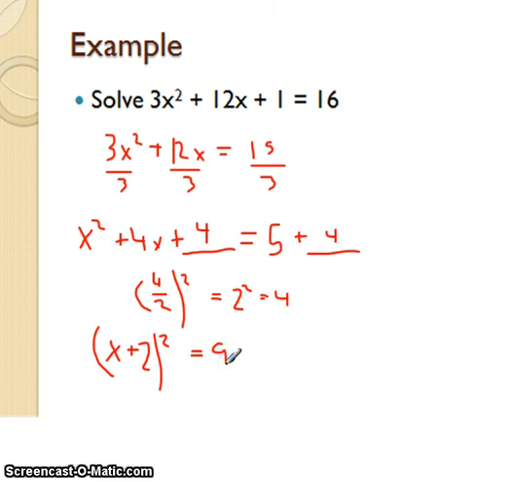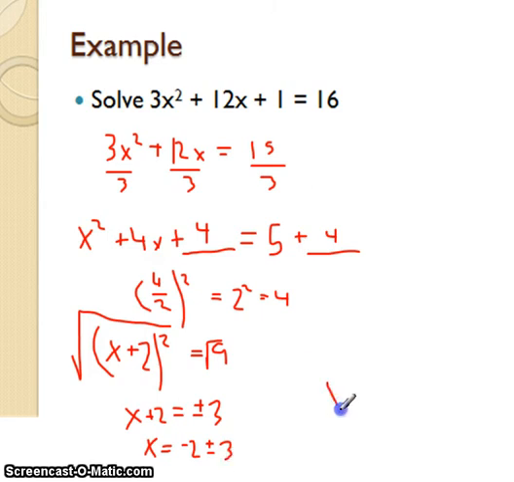Notice here we have the same process as the other two examples. We will undo the square by taking the square root on both sides. So that gives me x plus 2 equals positive or negative 3. And now we're just going to isolate the x by subtracting a 2. So x equals -2 plus or minus 3. Since we do have integer answers here, we can clean things up a little bit more.